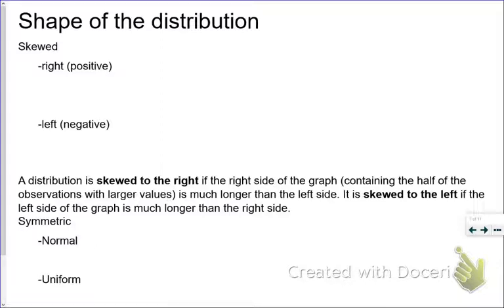Now if it's skewed, there's a lot of misunderstanding here. Where is the tail of the data? So if I have a dot plot that looks like this, or a histogram, or a stem and leaf plot, then if the tail of the data, where it's tailing off at, is to the right, that's the direction of the skew.